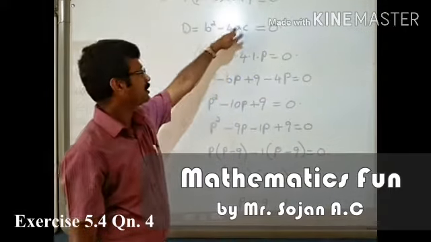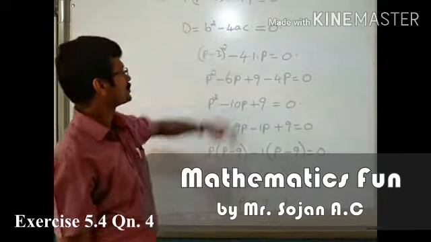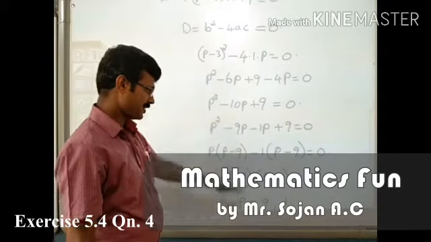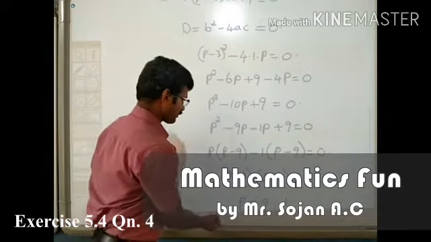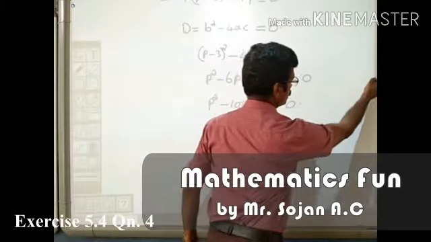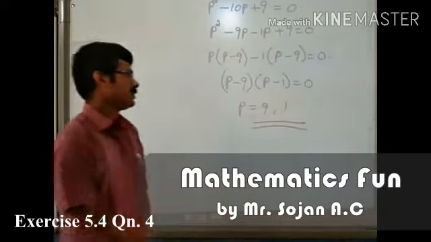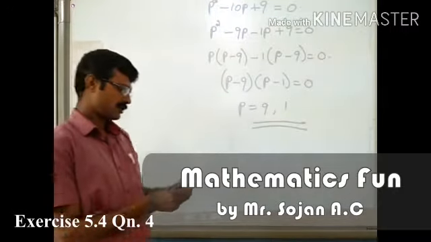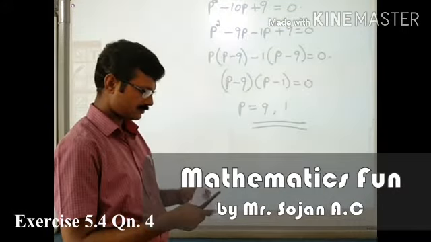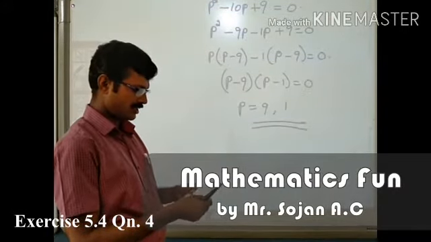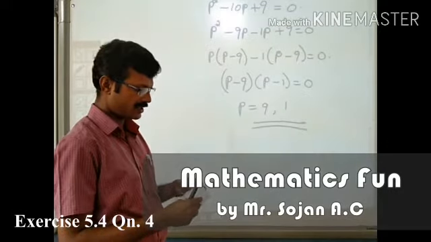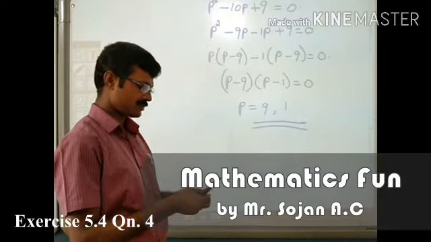In this condition I substituted those values and finally got the values of p. This is question number 4. Next, another question we will do, that is question number 8 from the same exercise.